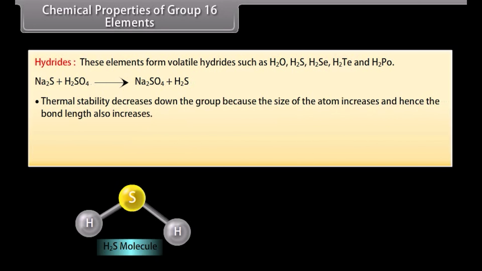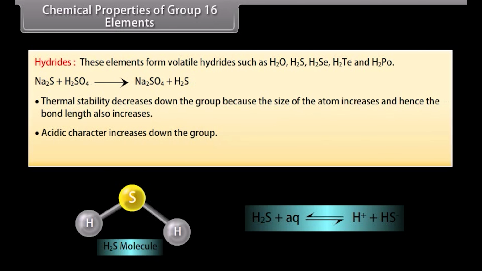Thermal stability decreases down the group because the size of the atom increases and hence the bond length also increases. Acidic character increases down the group because they can dissociate more easily to give H+ ions.